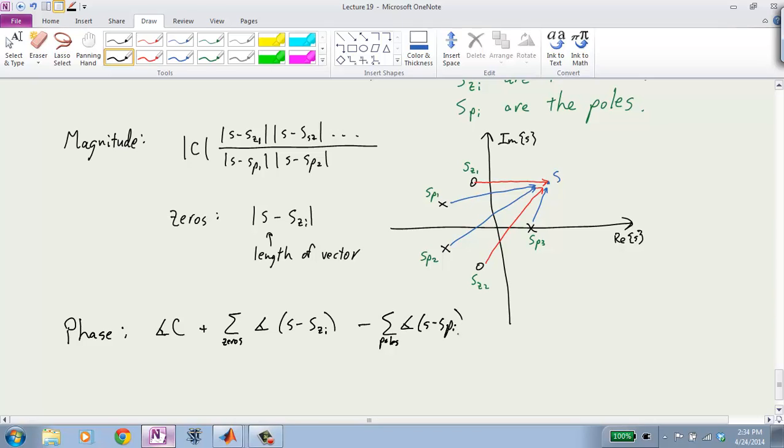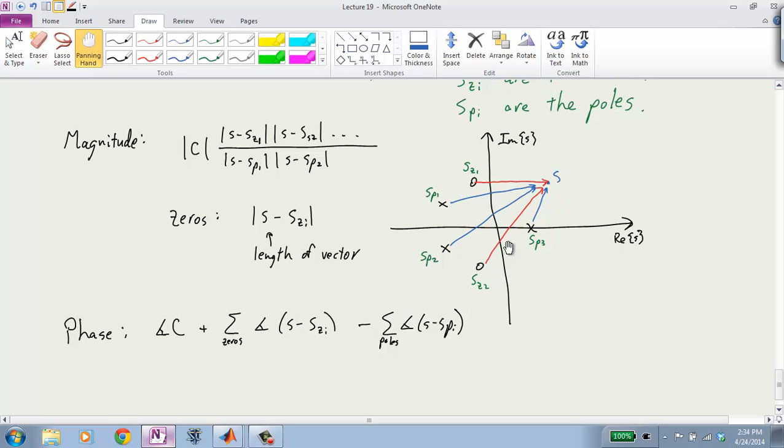So what we mean by that is we take these vectors, these lines here, but rather than looking at their distance, we look at their angles, right? Because the phase of S minus SZ1, this line here, the angle of that number is 0 because it's just horizontal.